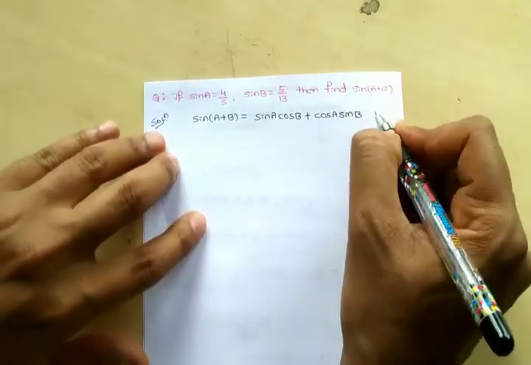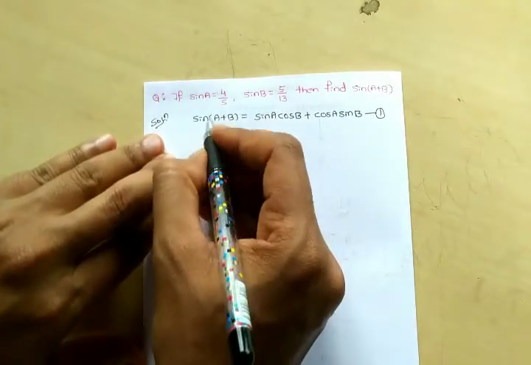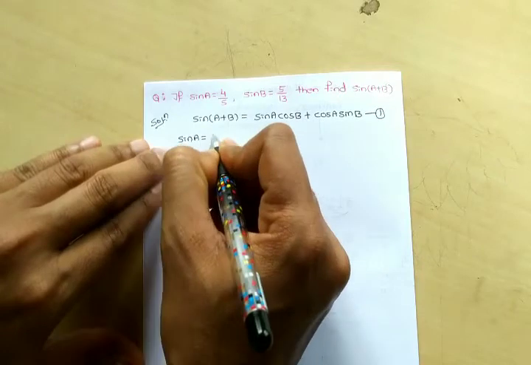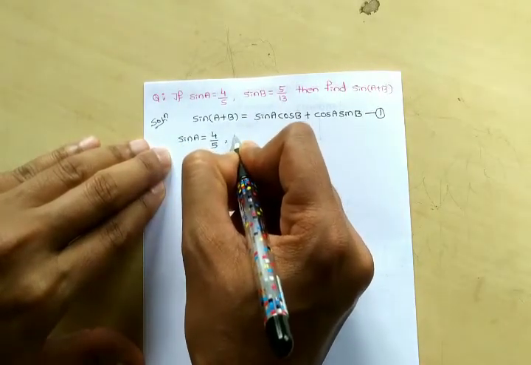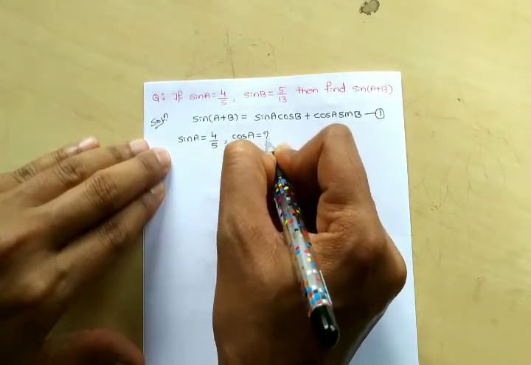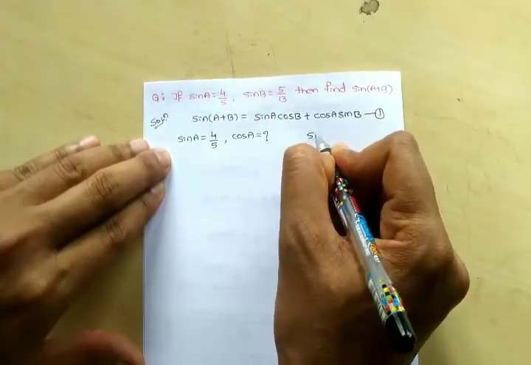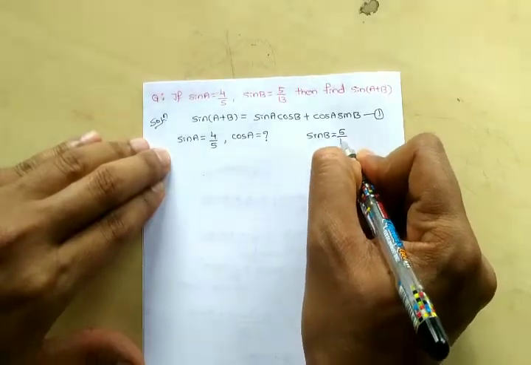Correct? Therefore, this I am going to call 1. Here, first, sine a is given. How much? 4 divided by 5. Here, cos a is question mark because both angles are the same. Next, second, sine b is given. How much? 5 divided by how much here?